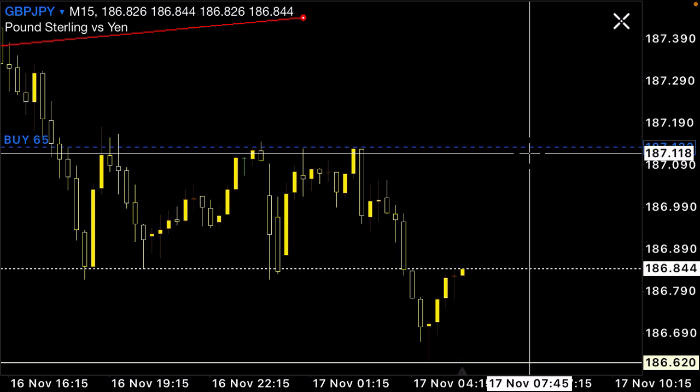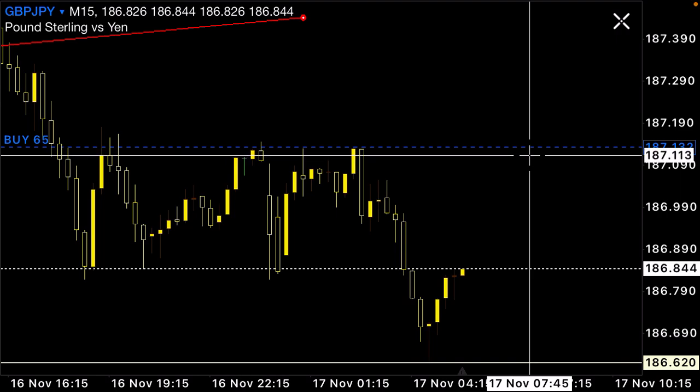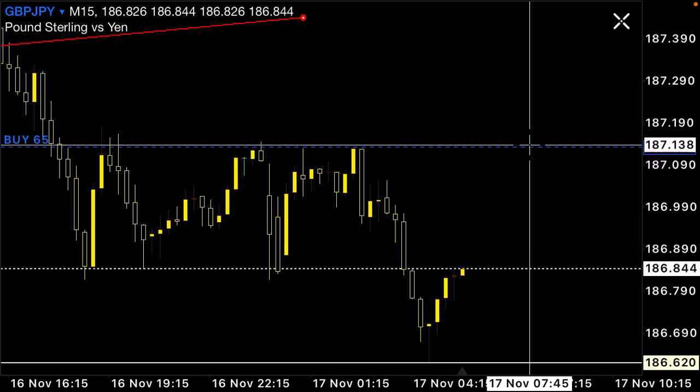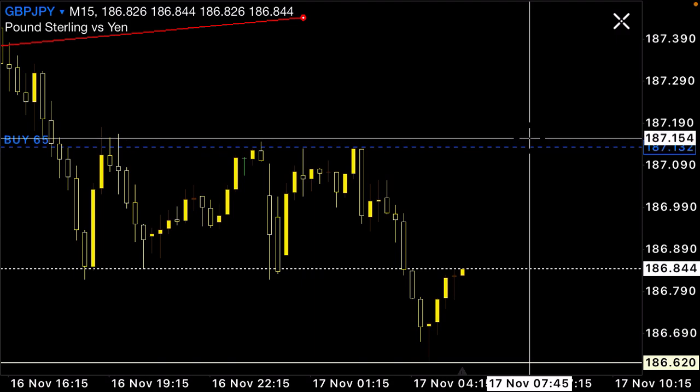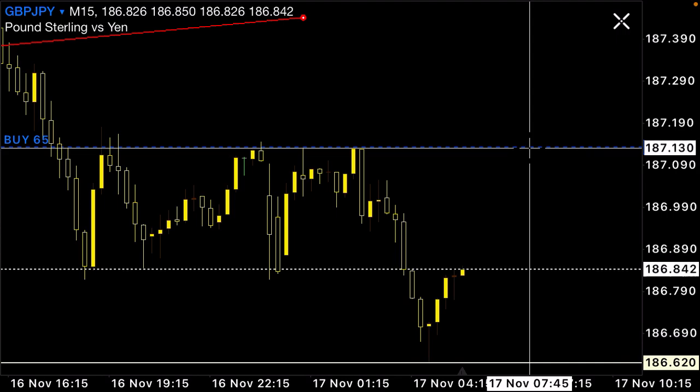But it's hard to get it to go one number at a time with this, it's really hard. But anyway, every time it goes up a number, or every time it goes down a number, okay, that's called 1 pip.